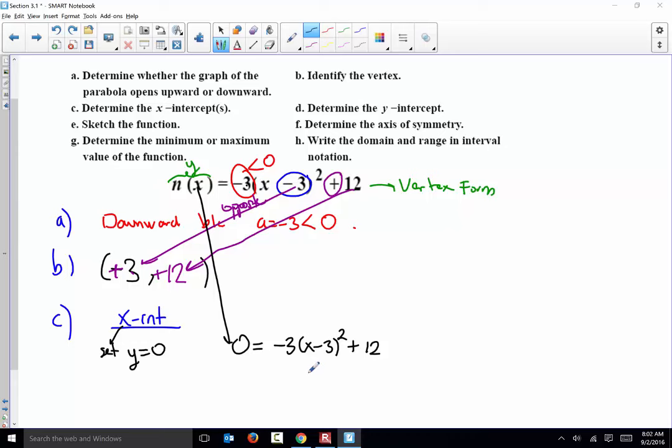Okay. And then solve for x. Alright, to solve for x, I need to isolate x and all these numbers. 1, 2, 3, 4 numbers. I need to get rid of all of them, but which one is first? You first get rid of this one.